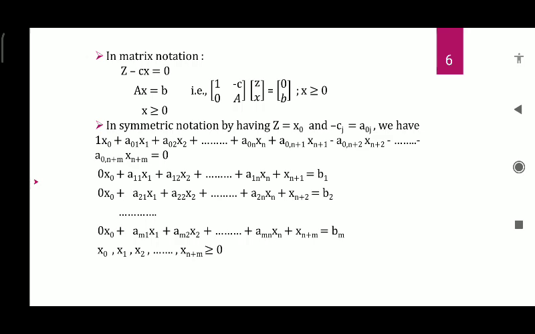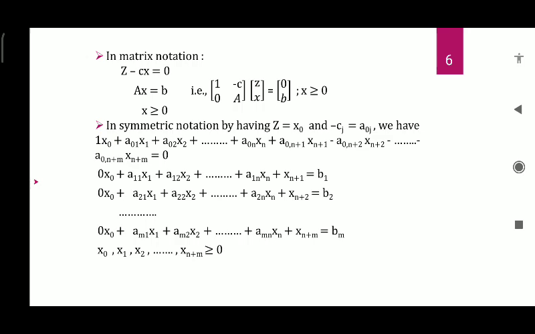Now, by taking z equal to x0 and minus cj equal to a0j, we have the symmetric notation of the above equations, that is 1 into x0 plus a01 x1 plus a02 x2 plus etc. plus a0n xn plus etc. plus a0,n+2 xn+2 etc. and a0,n+m xn+m equal to 0. The second equation is 0 x0 plus a11 x1 plus a12 x2 plus etc. plus a1n xn plus xn+1 equal to b1.